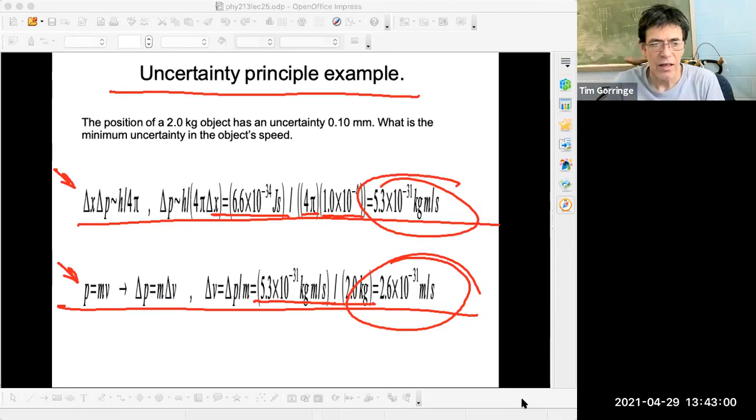So it's tiny, right? This was an everyday object with an everyday kind of position uncertainty.